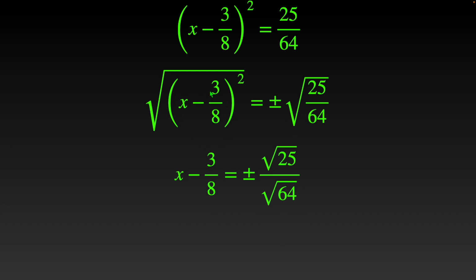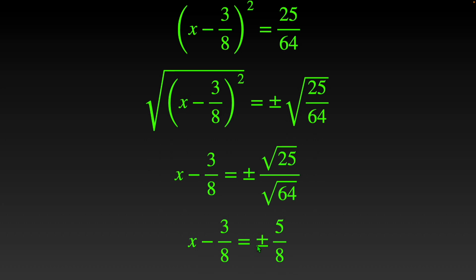On the right-hand side, we have plus or minus. Because we have division here, we can split them into the square root of 25 divided by the square root of 64. We know that the square root of 25 is 5 and the square root of 64 is 8. So that's why we have plus or minus 5 over 8.